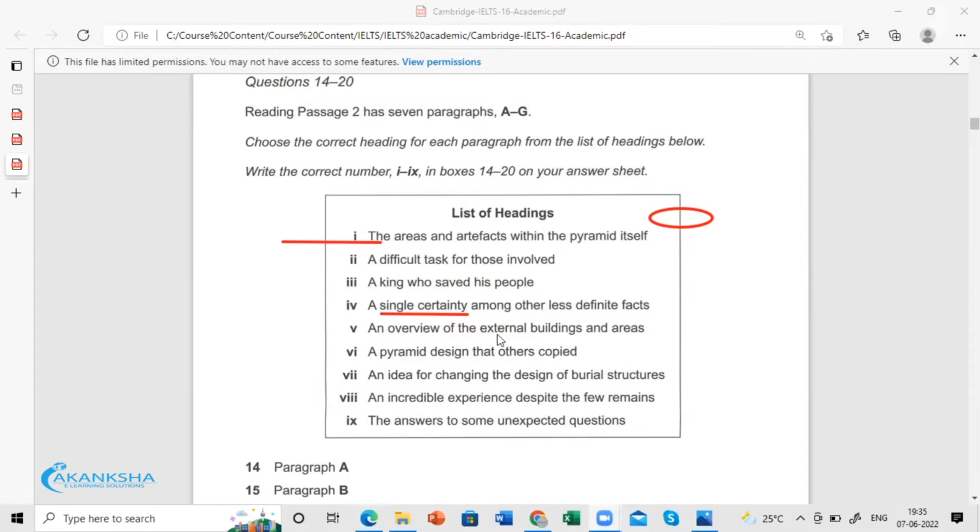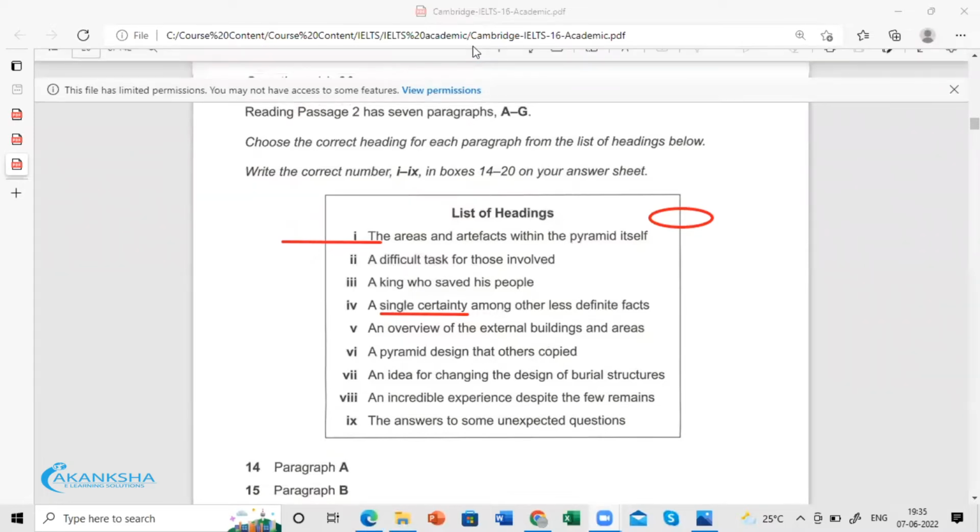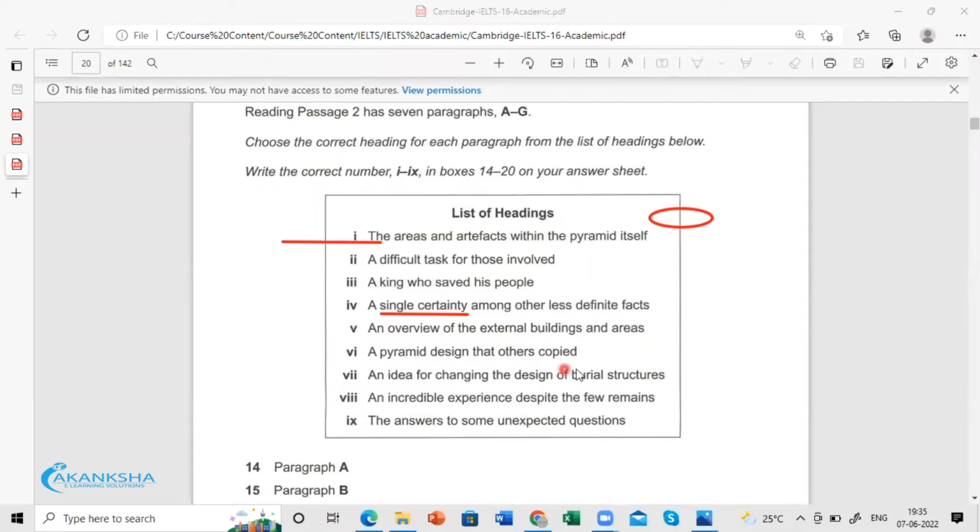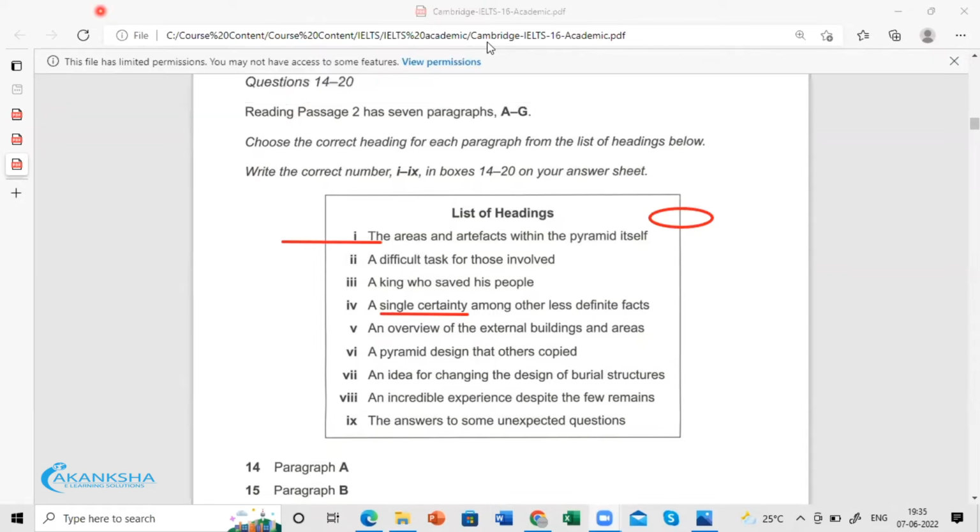Fifth one, an overview of the external buildings and areas. They are not talking about external buildings as such. Sixth one, a pyramid design that others copied.